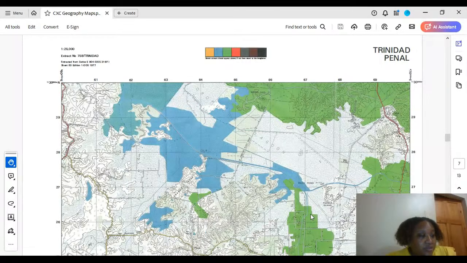What else do they ask you in terms of those last set of questions? Let me just make sure that I'm telling you all everything in those last set of questions. So road density, yeah, they'll tell you about road density, or they will ask you about land uses. So remember, land uses can be industrial. So for example, on the Trinidad maps, they tend to ask you about land use.